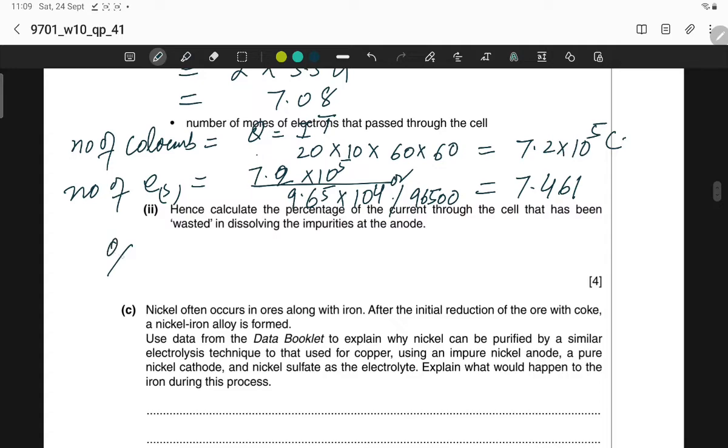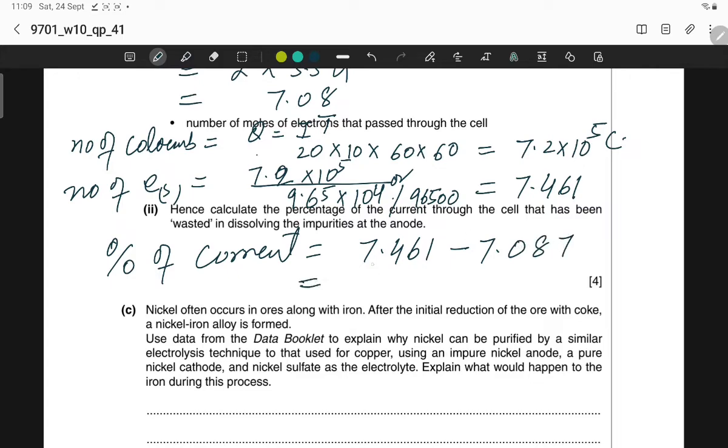So the percent of current wasted is 7.461 minus 7.087, which is 0.373, divided by 7.461 times 100, which is equal to 5.01.